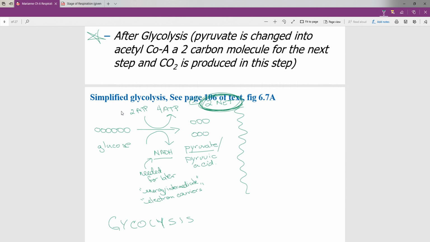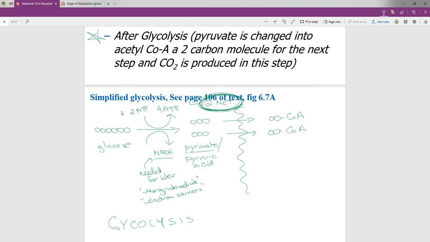This is neither glycolysis nor the Krebs cycle, but it is an important step: the pyruvate is turned into a 2-carbon molecule, acetyl-CoA. I just simplify the chemical structure by drawing it that way. We'd actually make 2 of those.